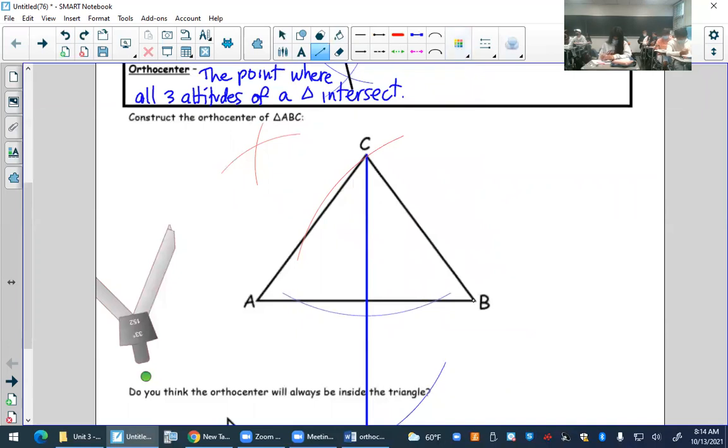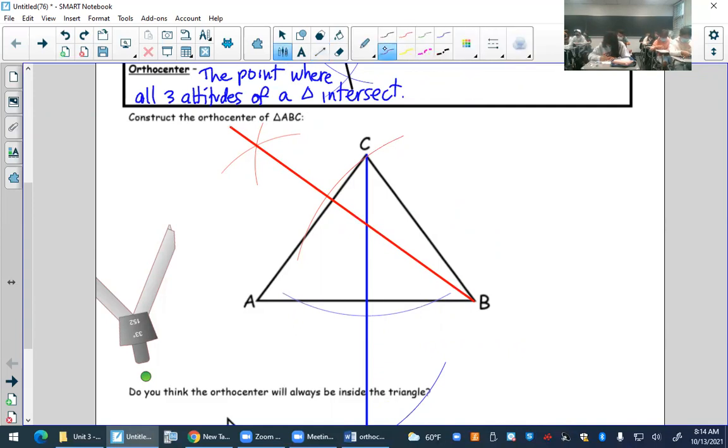And so I'm going to draw from B to that point of intersection. Okay. We have now the orthocenter. The orthocenter is where the altitudes meet.